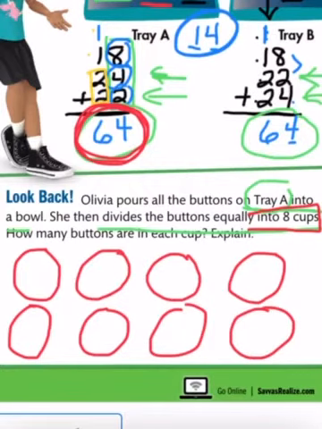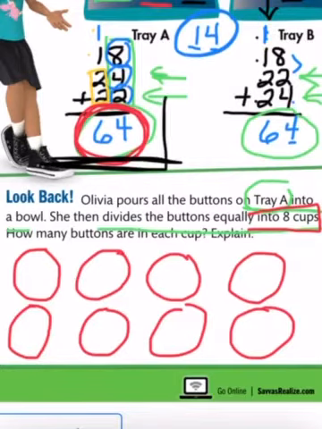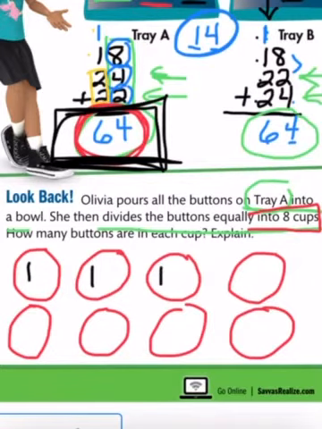Now I just need to put buttons into the cups. A total of 64 buttons. So there's 1, 2, 3, 4, 5, 6, 7, 8. Notice I put 1 button in each cup, and now I can go back and put a second button in each cup.